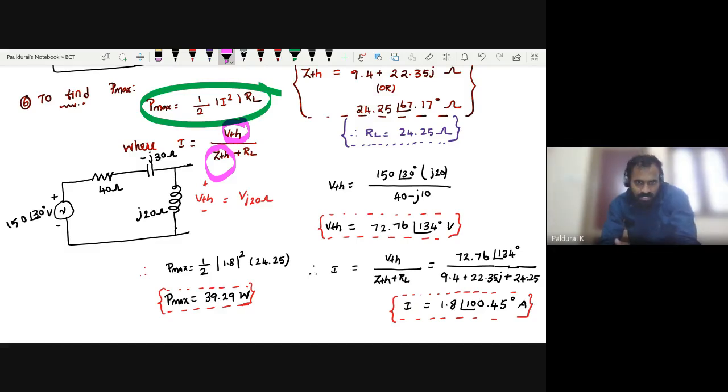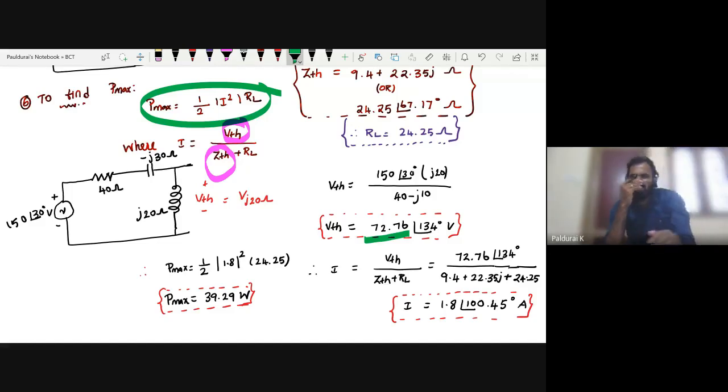Are you there? Suppose you don't put the angle for VTH, what will it do? Suppose VTH here is 150 at an angle of 30. If you don't substitute VTH, which is 72.76 at 134, and you just type 72.76, then it will take 72.76 at an angle of 0.